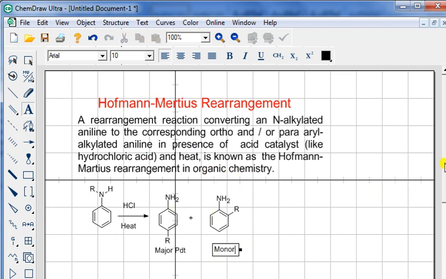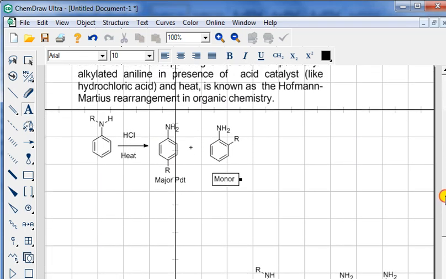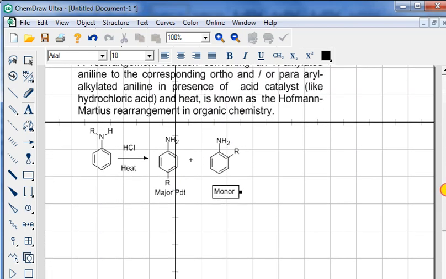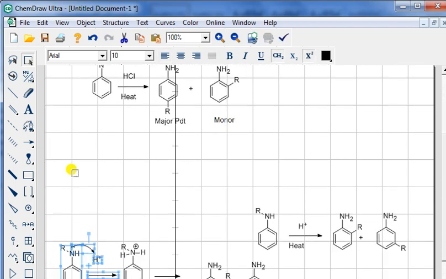Now, how can we write the scheme of this reaction? Let's take the first structure. Earlier I had drawn a little bit, so I will paste that here.